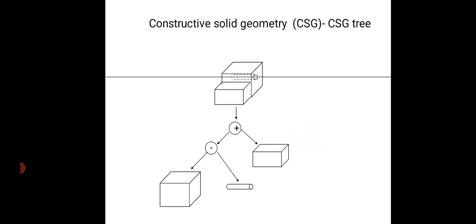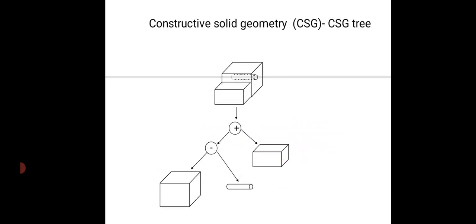This figure shows the constructive solid geometry tree. Here there are two blocks and one cylinder. The top of the figure shows the constructive solid geometry. This is the assembled part image. Here the detailed image is shown.